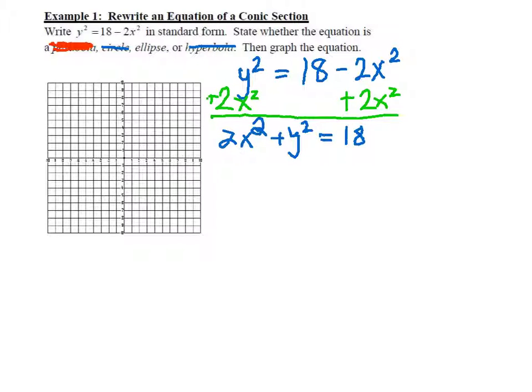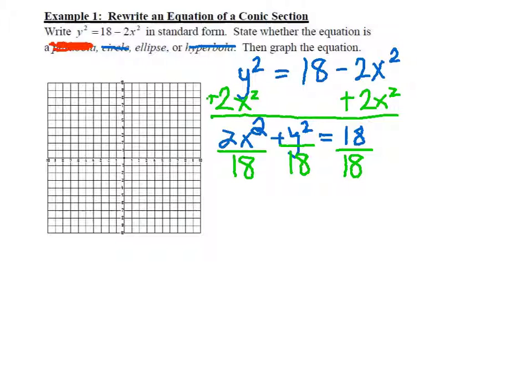So in order for this to be an ellipse, we need to get our equation set equal to 1. So we're going to have to divide everything by 18. So divide the y squared by 18, divide the x squared by 18, and your x squared becomes 1 over 9, and your y squared is 1 over 18. Since this is an ellipse, it does matter which one you write first.